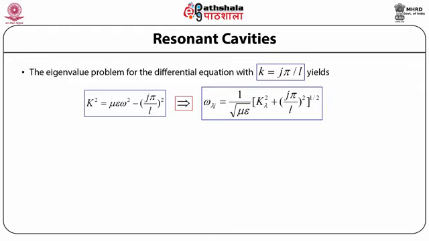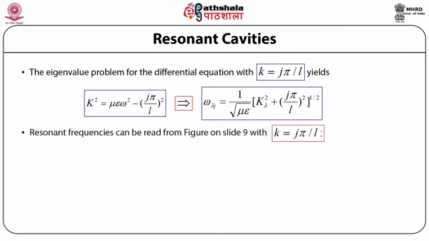From this we can then find the angular frequency omega subscript lambda j equal to 1 upon under root mu epsilon, times [capital K square subscript lambda plus (j pi by L) whole square] to the power half, and the resonant frequencies can then be found with the value of the wave number k equal to j pi by L.